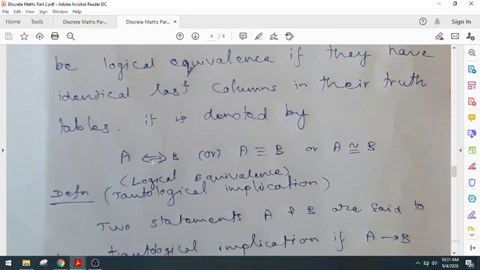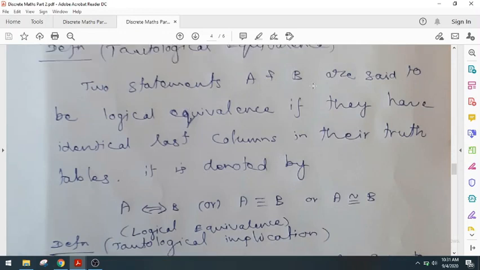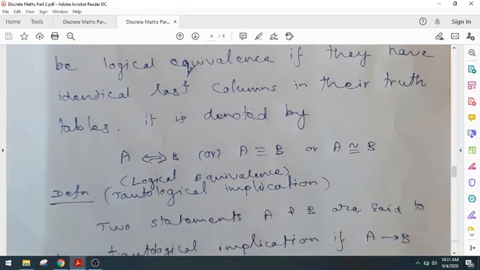That symbol is called the equivalent symbol. So A equivalent to B, or we use it like this, triple dash, or something different like this. It means that two statements A and B are said to be logically equivalent if they have identical last columns. That's all. When we solve problems, we can understand it very clearly.